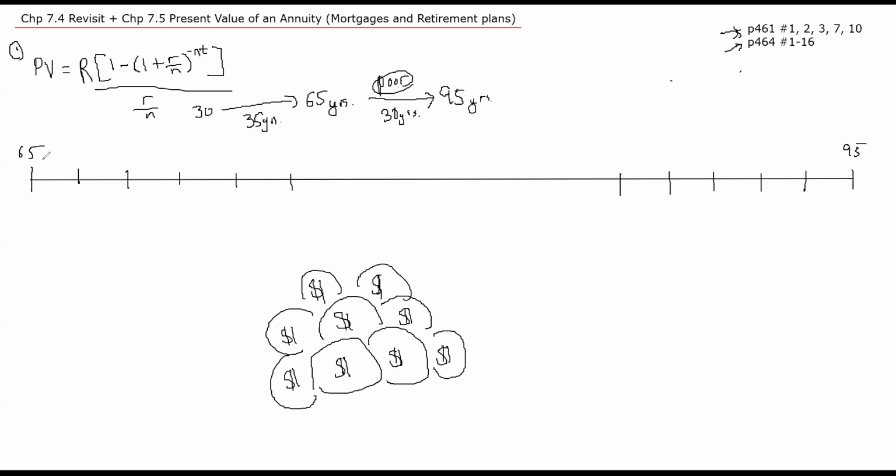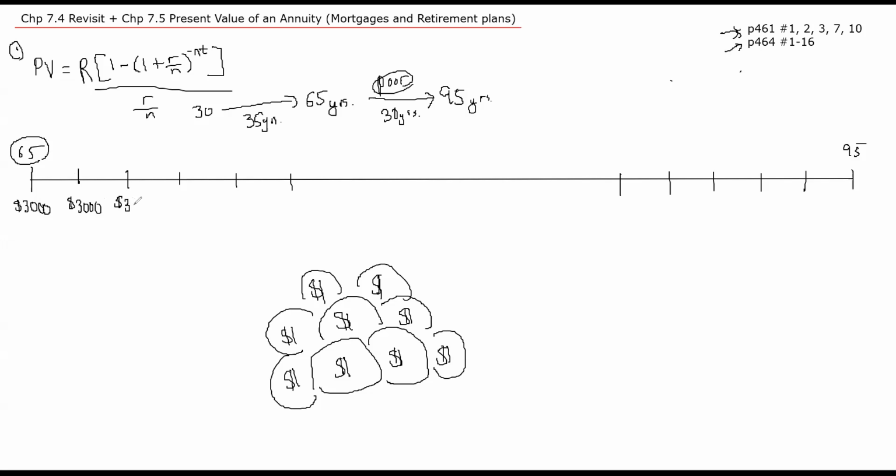So here's what happens. So at the age of 65, I have this pile of cash. I want the bank to give me, let's say, $3,000 this month so that I can live out the retirement of my dreams at the first month of 65. And then my second month, I want the bank to give me another 3,000.